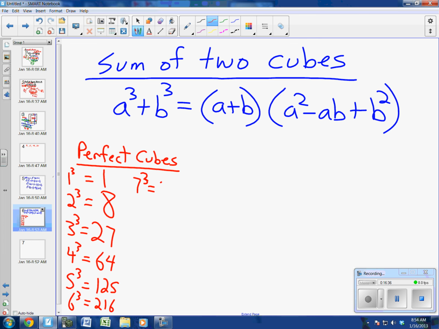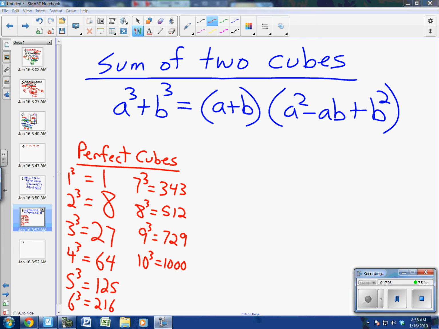What is it? 343. 8 cubed. 512. 9 cubed. 729 and 10 cubed. I would write these down so that you have them when we're doing the assignment today, because you're going to need to know perfect cubes. You might experience perfect cubes higher than this sometimes, but I'm going to erase these. You guys all got them?